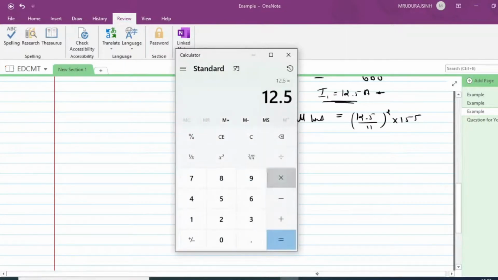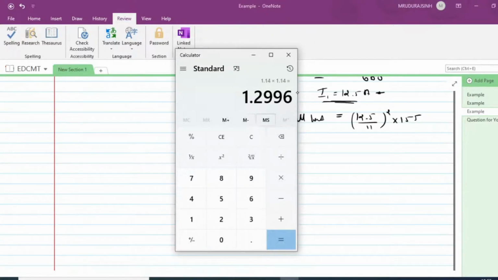So now 12.5 divided by 11 gives us 1.136, so it's 1.14. So 1.14 multiplied by 1.14 gives us 1.299, right?